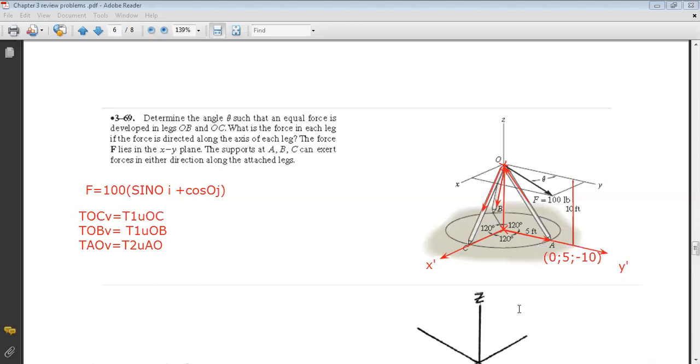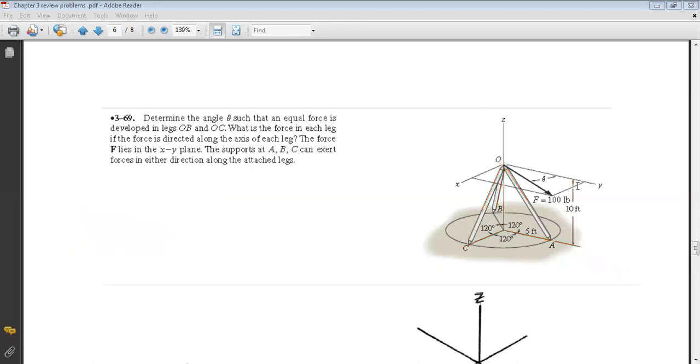Now, what about B and C? B and C might seem difficult. This is why whenever you find difficulty in a figure, try to draw it again in 2D. Here this is a circle, and I will draw it like this in 2D. This is Y prime and this is X prime.